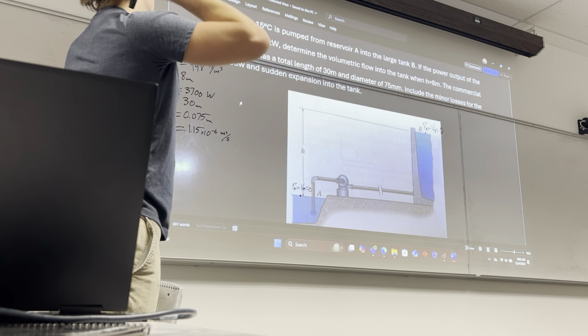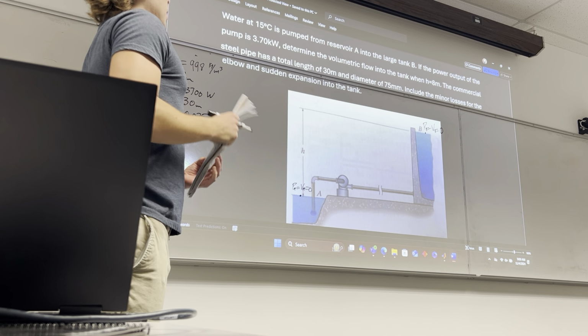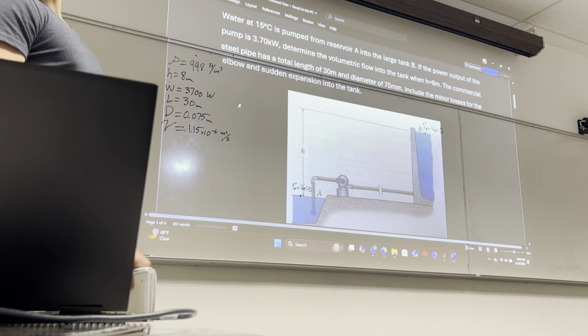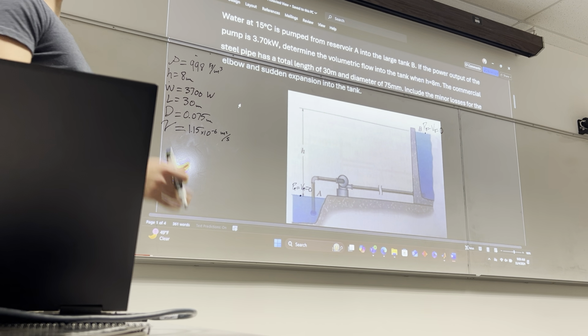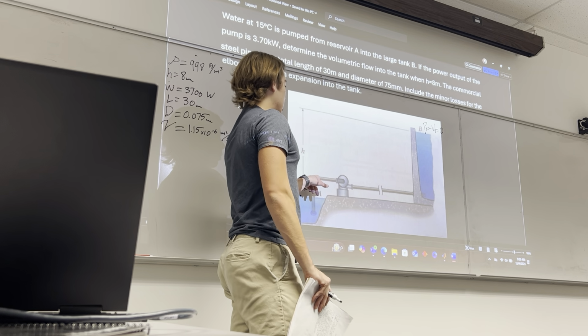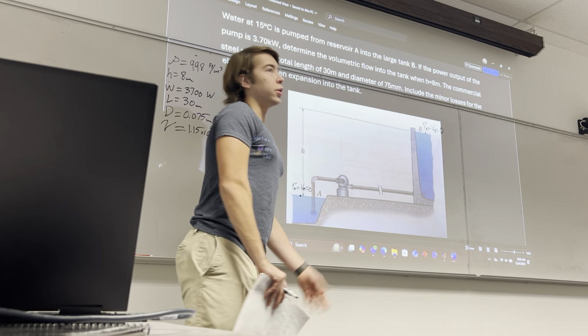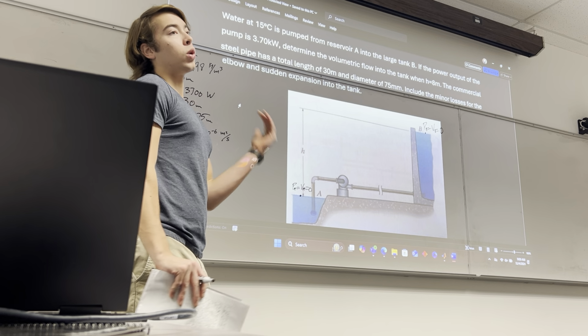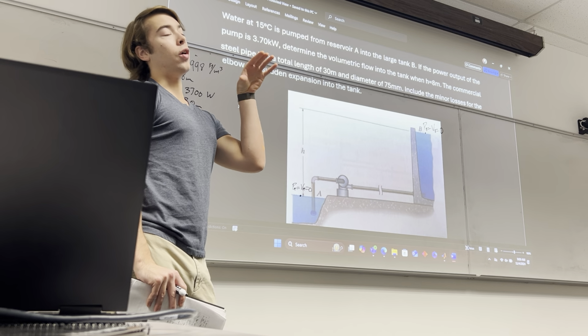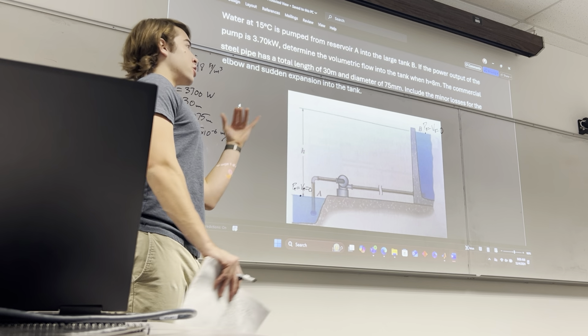Okay, it says include the minor losses for the elbow and sudden expansion in the tank. Unlike on an exam or a homework, where you'd be given a table of minor loss coefficients, like a 90-degree elbow, or if it's a 45-degree bend it's this value, if it's a valve it's this, if it's an expansion it's this.